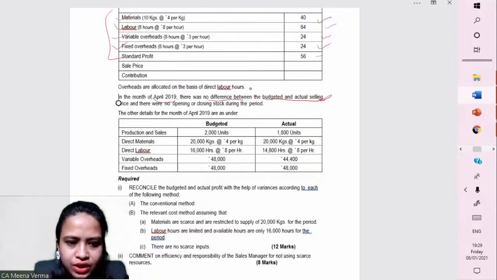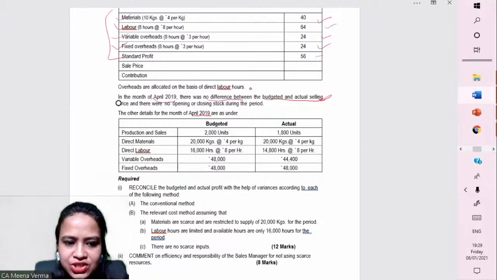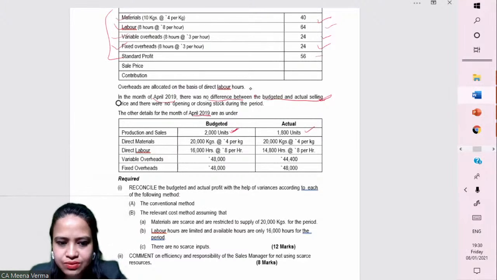Okay, the other detail for the month of April 2019 is given here. Budgeted sale unit you produce is equal to sale. Why? Because there is no opening and closing stock. It means whatever you are producing, you are selling. So it was budgeted to produce 2 lakh units, but actually you are selling 1800 units.